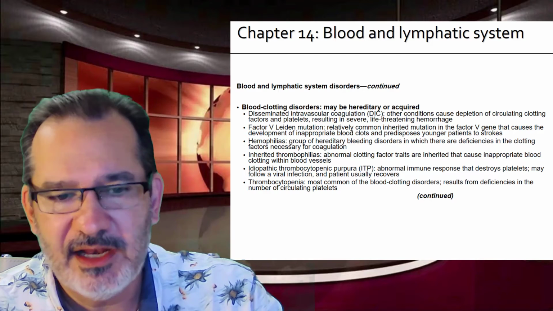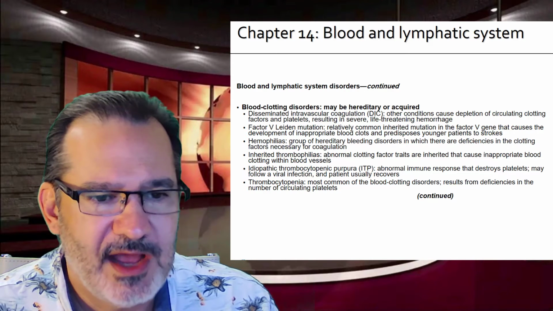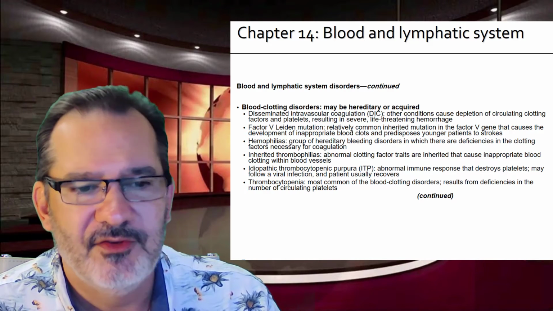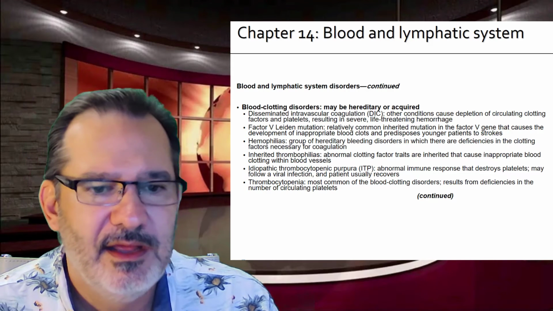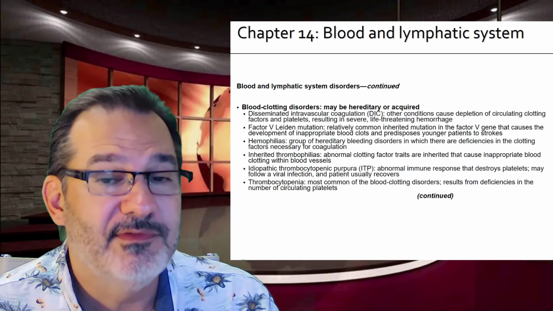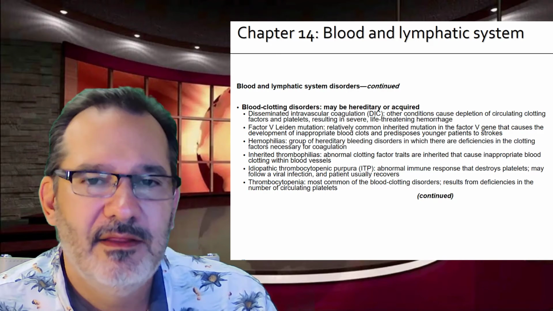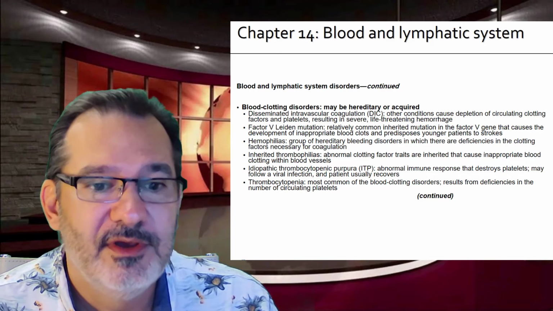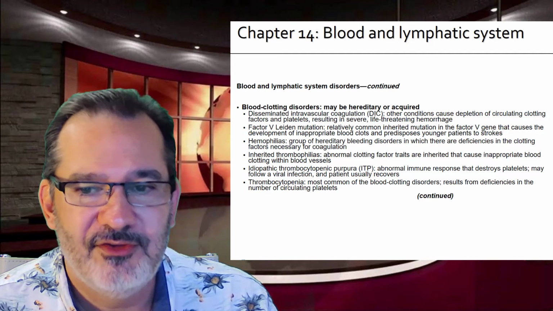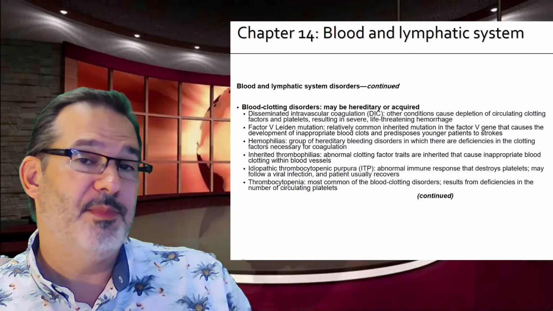Okay, different blood clotting disorders. We kind of talked about that. Probably the second one, factor V Leiden mutation. It says relatively common inherited mutation in the factor V gene that causes the development of inappropriate blood clots and predisposes younger patients to stroke.